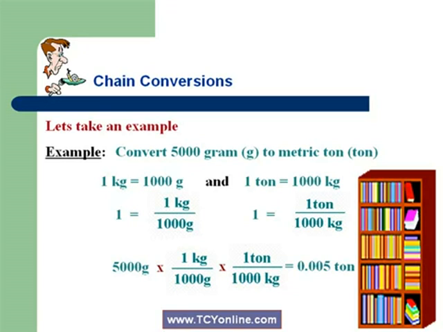So we get 5000 grams times 1 kilogram over 1000 grams times 1 ton over 1000 kilograms, which is equal to 0.005 tons. So we can say that 5000 grams is equal to 0.005 tons.